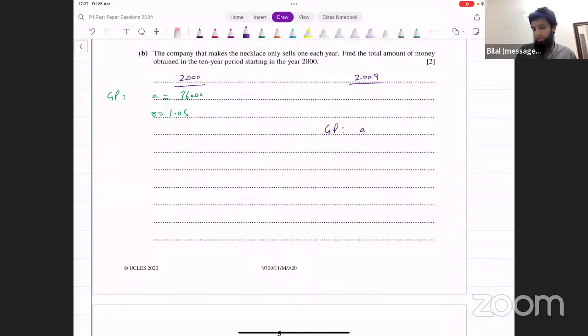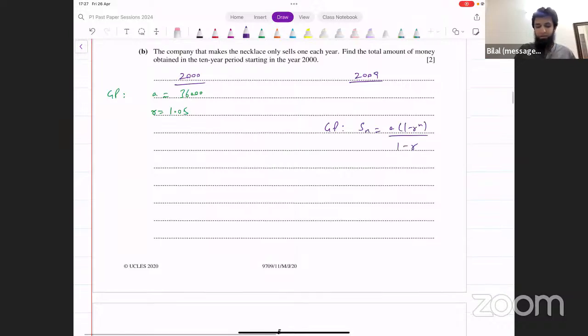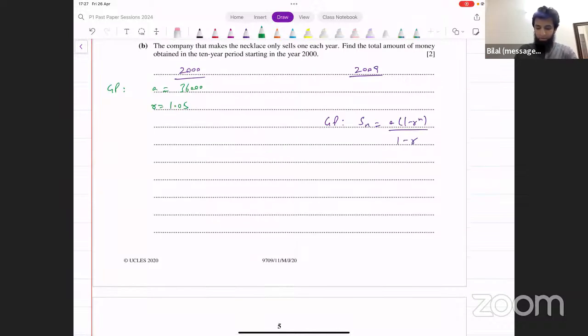It looks like this: Sn is equal to A into 1 minus r raised to power n divided by 1 minus r. Sum of the first 10 terms. What's that going to be? 36,000 into 1 minus ratio, which is 1.05 raised to power 10, divided by 1 minus 1.05. And you can see what that turns out to be. That will be your final answer.